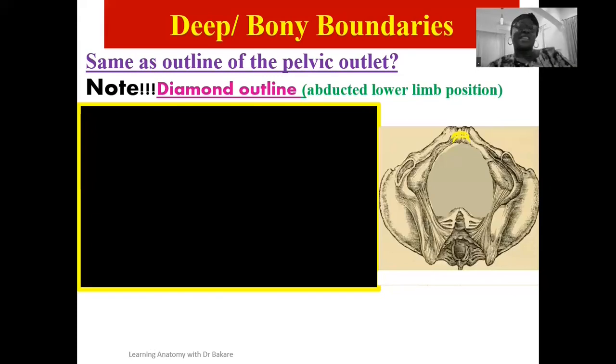So let's try and drive into this outline to see the different specific regions that are seen to form the alignment of the perineum. Let's use this image by the side here for illustration. This is where we have the inferior view of the pelvic cavity. The region that is exposed here is the pelvic outlet, and we say that the pelvic outlet is guarded or closed up by the pelvic diaphragm.